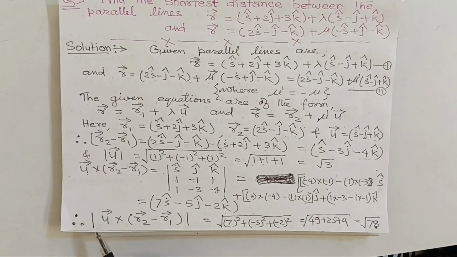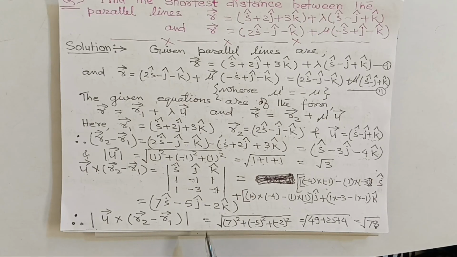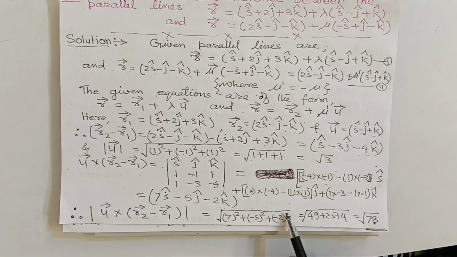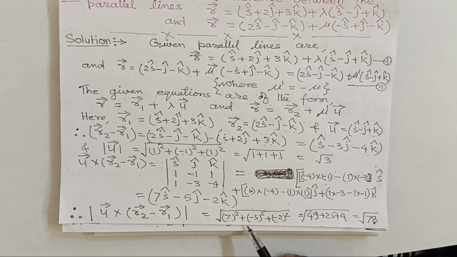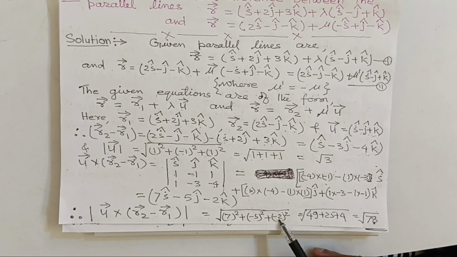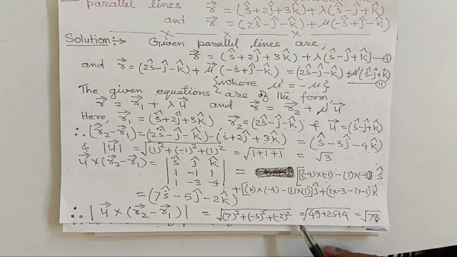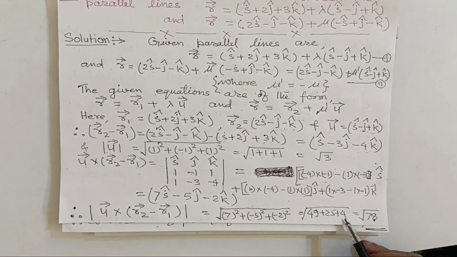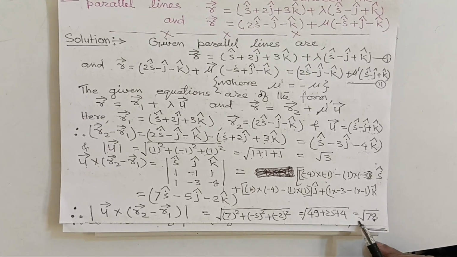Therefore, mod of vector u cross vector r2 minus vector r1 is equal to the square root of 7 squared plus (minus 5) squared plus (minus 2) squared. 7 squared is 49, minus 5 squared is 25, minus 2 squared is 4. So 49 plus 25 plus 4 is 78, square root 78.